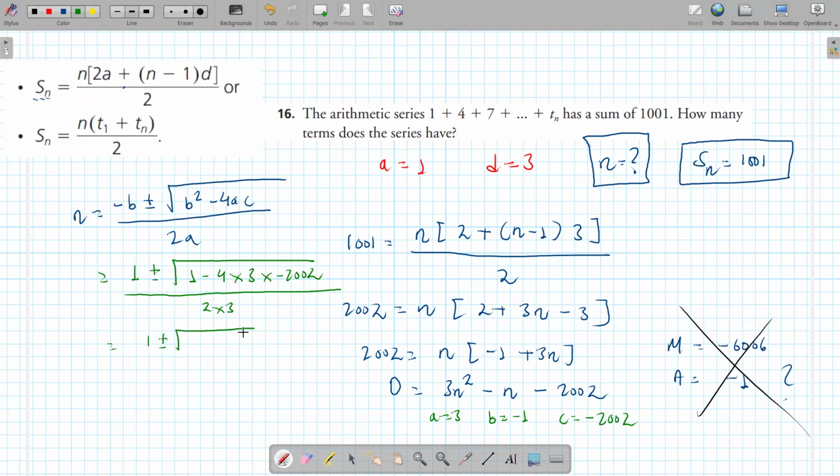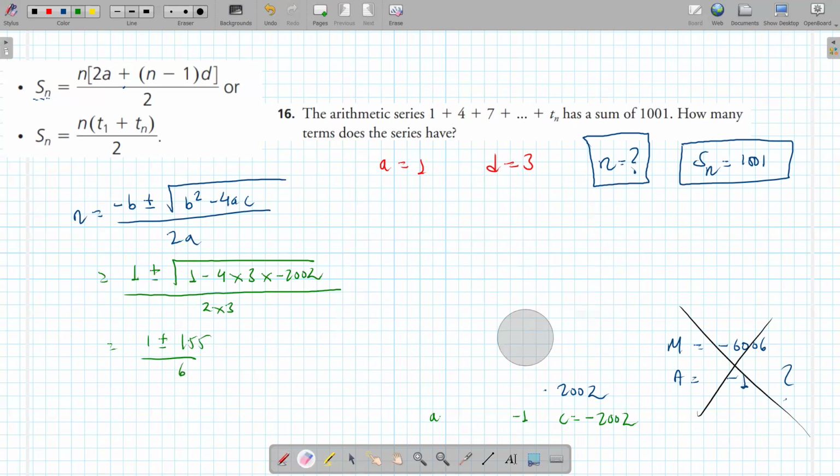So this becomes 1 minus 4 times 3 times negative 2002. The square root of this guy is 155. So 155 over 6.